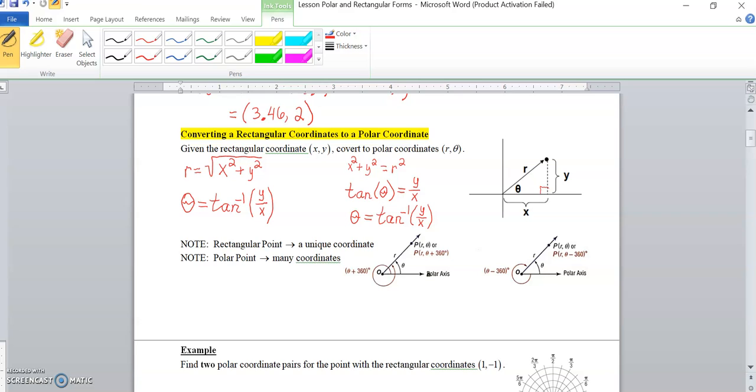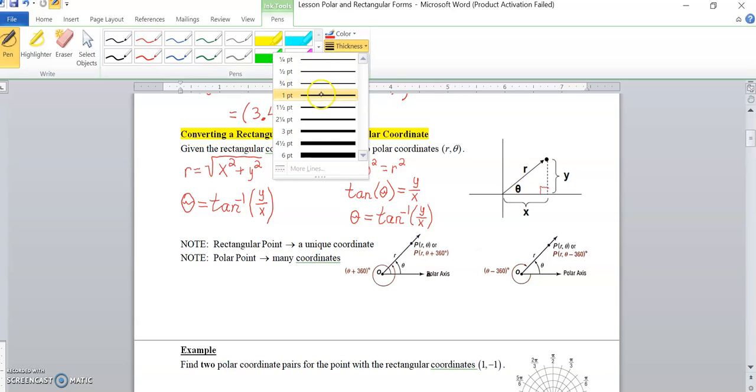The thing to note on the theta work here: r is pretty straightforward. You take the square root and you figure out just how big of a radius you're going to go out. With tangent inverse of this ratio, we have to be careful, and I'm even going to put in a note here. I'll do it in blue.